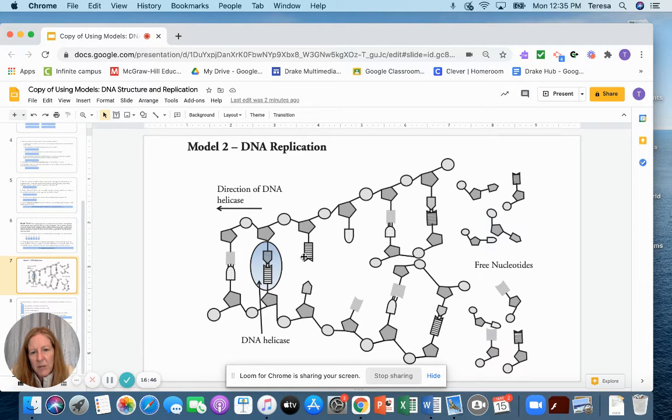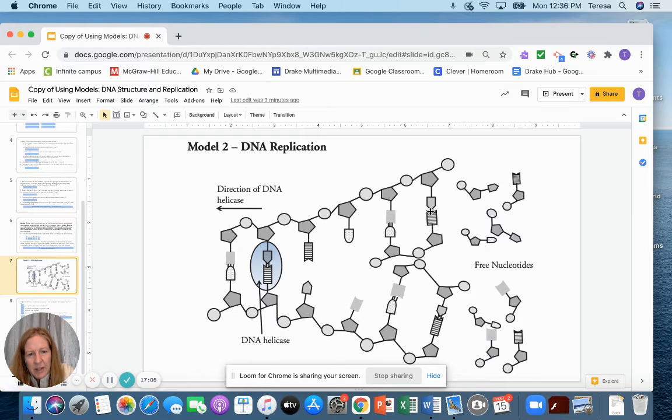Those unpaired bases, the original strand that's here, is going to be used as a template to then connect new bases. So if you look at the far right-hand side of the model, you'll see these are free DNA nucleotides.